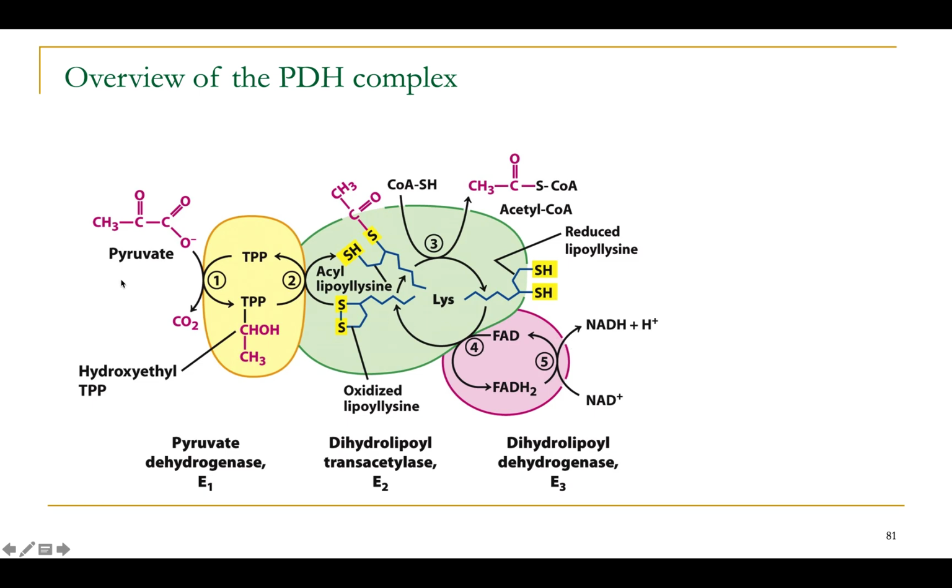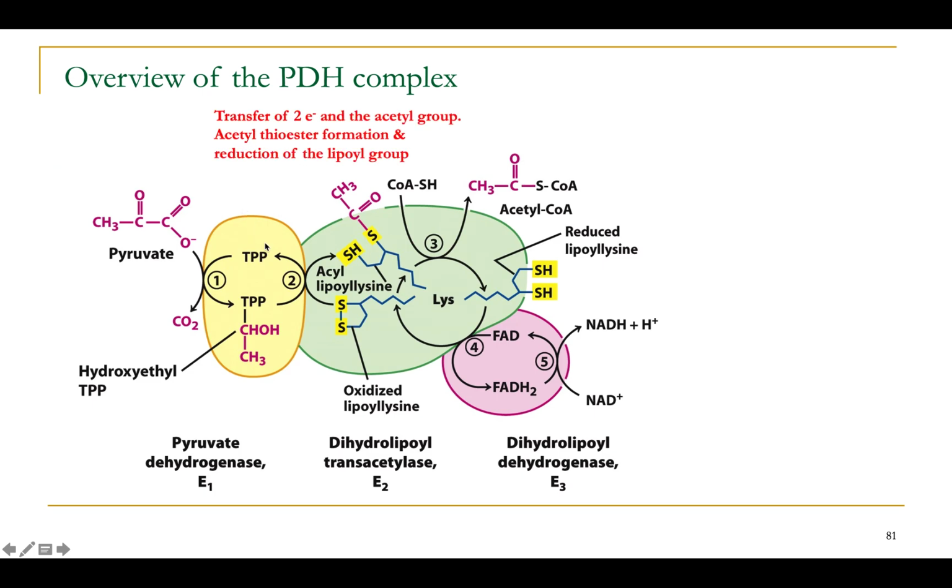So this way, the whole process is really a set of very tightly physically and chemically linked reactions where the substrate and intermediates are hopping between these 3 enzymatic activities as stations within the production line. So the first, again, decarboxylation is happening on E1.